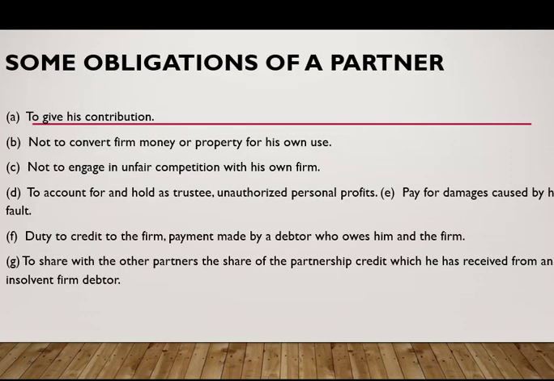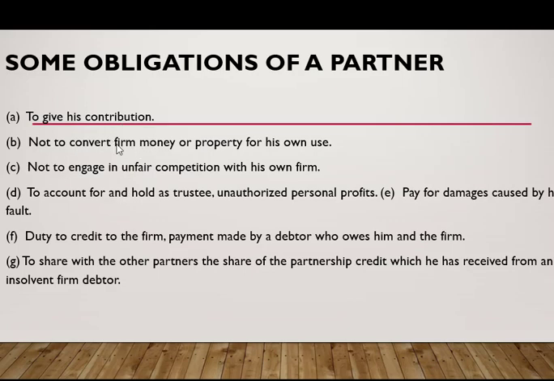As I've said, there are consequent obligations and rights. The first obligation of a partner under this topic relates to the first test of whether or not there exists a partnership contract, which is whether or not there is a mutual contribution.